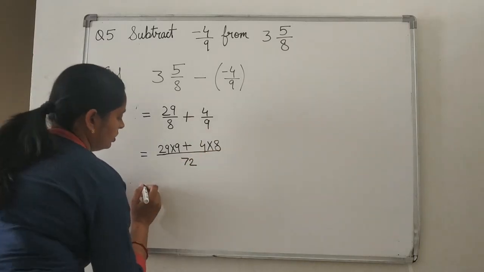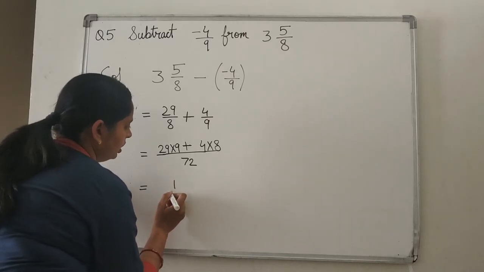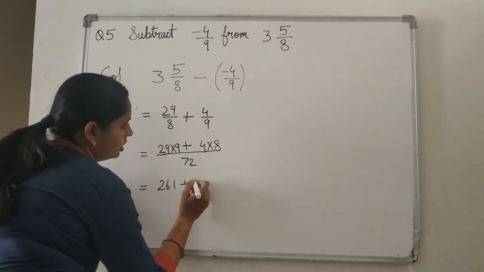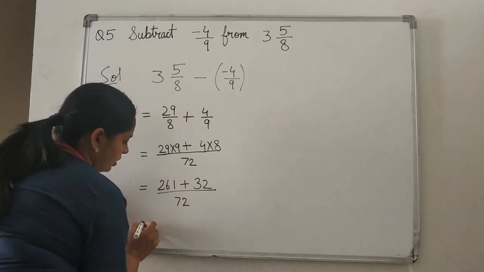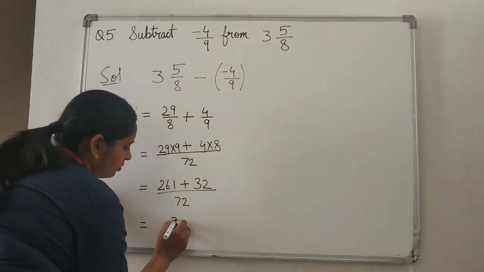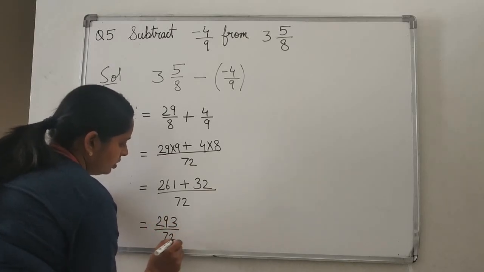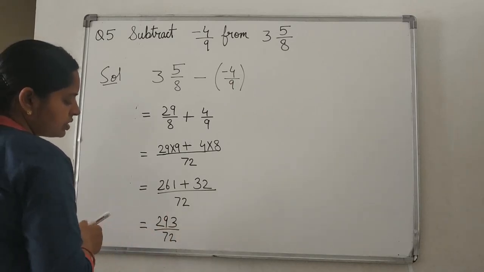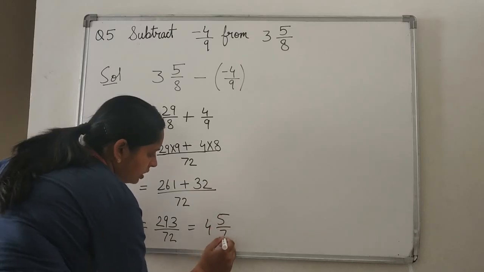So we'll get 29 into 9 is 261 plus 8 4s are 32, upon 72. This will be equal to 293 upon 72, which is improper, and we have to turn this into a mixed fraction. So your answer will be 4 5 by 72.